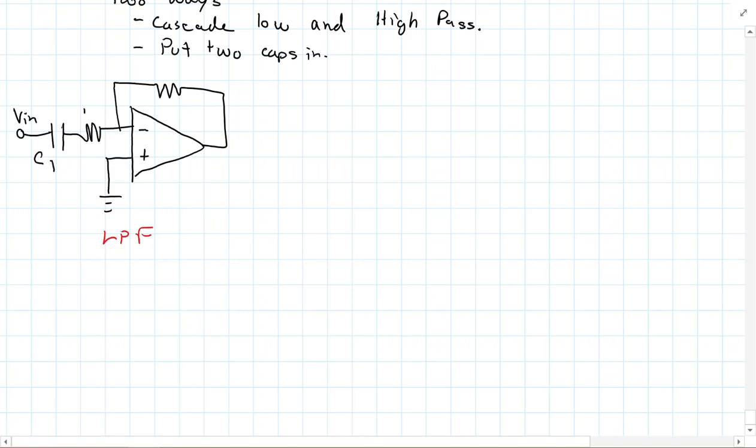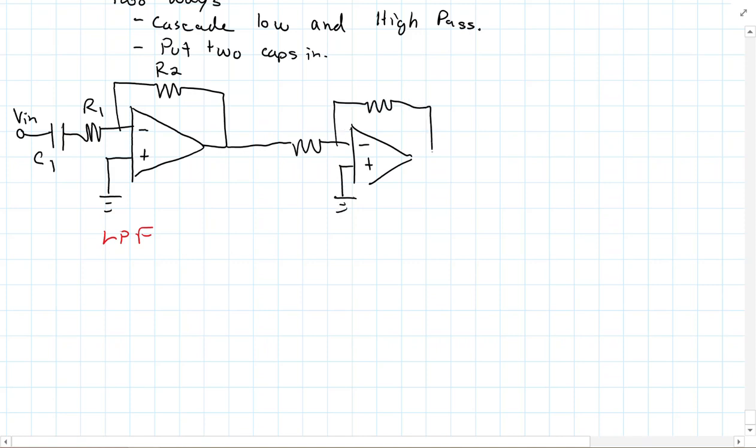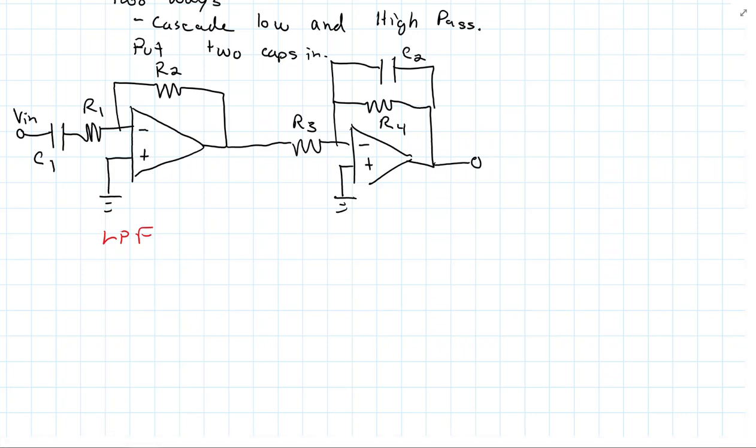I will label this C1, R1, R2, and then minus, plus, R4, R3, C2. And then this is my high pass filter.